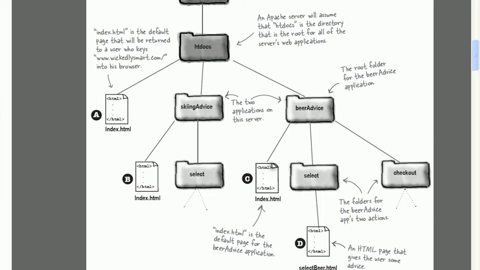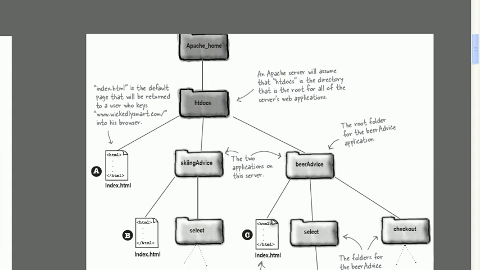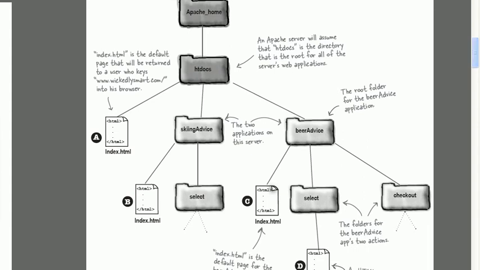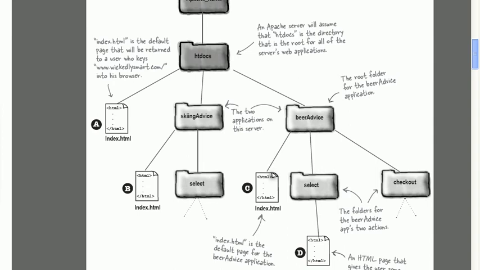In a simple setup, if you were to have a web server, say Apache, and if you have static resources to be served to the client, then you would have them saved in htdocs, because the Apache server will assume htdocs is the directory that is the root for all the server's web applications.